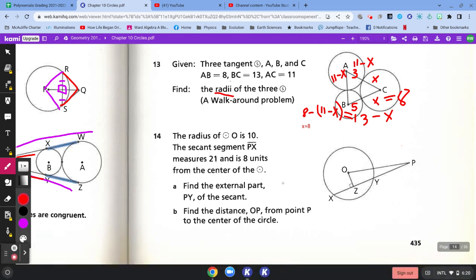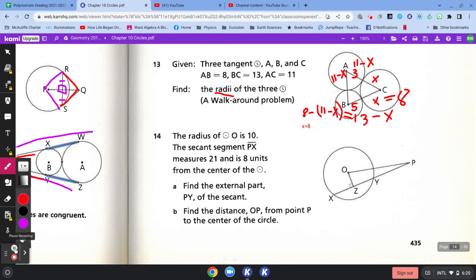So we want to find the external part of PY to the secant, and we want to find the distance OP from point P to the center of the circle. So you might infer that we're going to be dealing with some Pythagorean Theorem stuff here, and you would be right. So go ahead and pause the video and see what you can come up with.